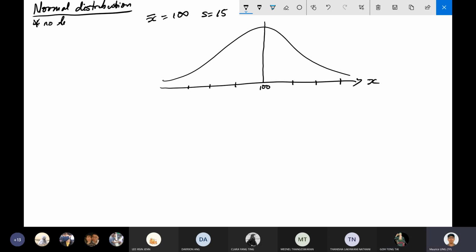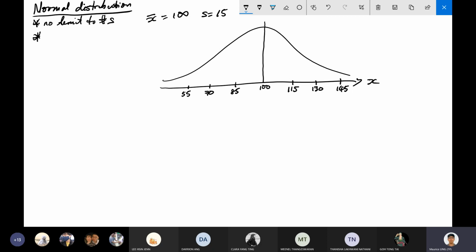No limit to the number of standard deviations, which means the two lines go to infinity. The x-axis goes to infinity, theoretically at least. So here you have 115, 130, 145, and this is 85, 70, 55.